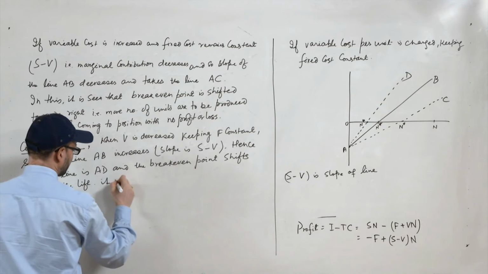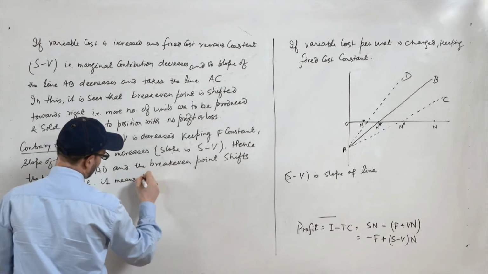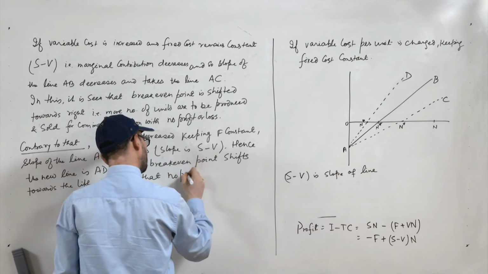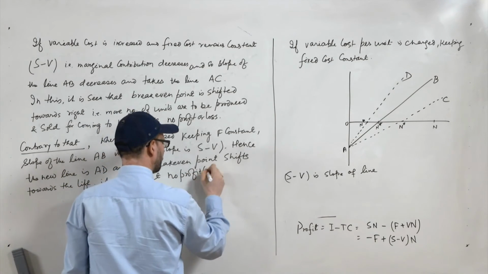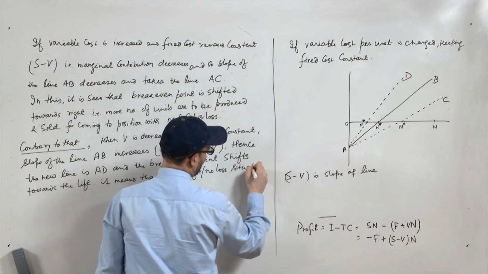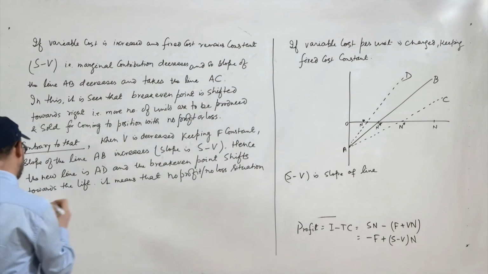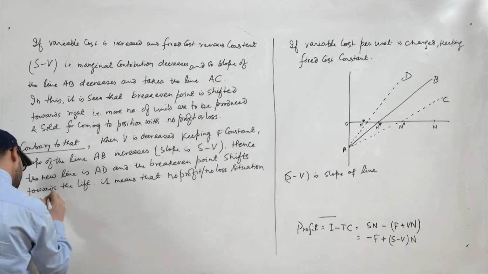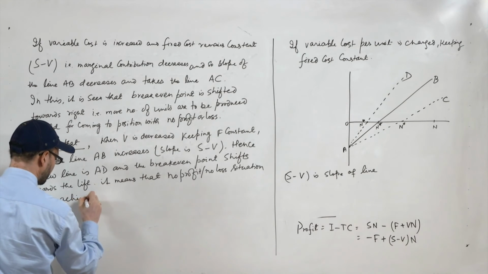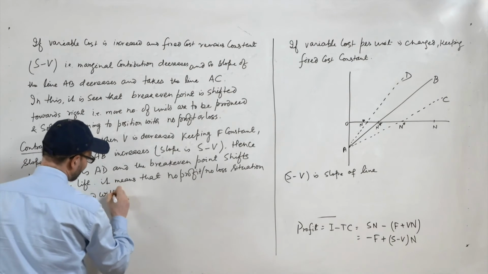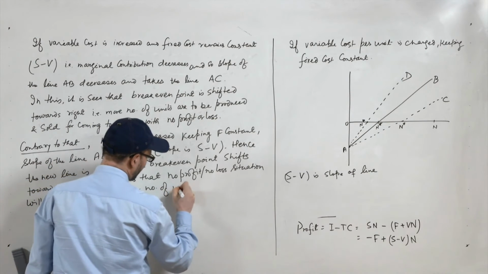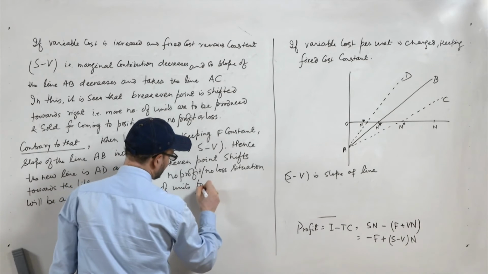It means that the no profit, no loss situation will be achieved with lesser number of units produced and sold.